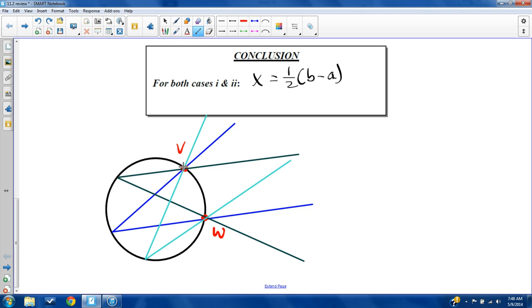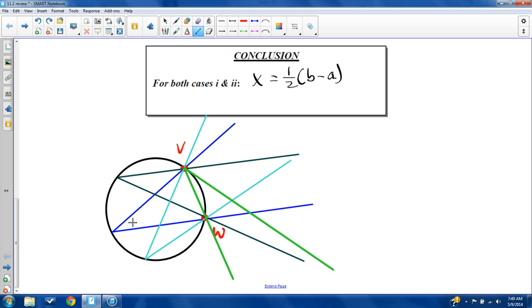If I draw a tangent line out from V, so let's pretend like this line is tangent to V, as in it crosses here at just one point. And I create that as a vertex, and I draw the other endpoint through W. This angle, I don't know if it's called an inscribed angle still, but by rule it still has the same measurements.